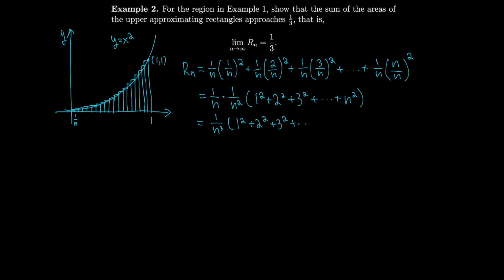There's a formula for the sum of the first n squares. Like if I want to sum 10 squares, I don't have to actually add up those individual 10 numbers squared. I can just plug them into a formula.